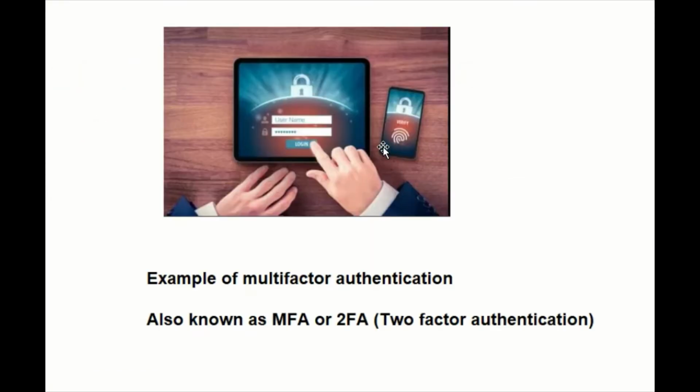So here's an example of multi-factor authentication where you have someone trying to enter their username and their password, and then they also have a phone, a mobile device, where they verify their fingerprint, and that will enable them access the system. Multi-factor authentication is also known as MFA, multi-factor authentication, or two-factor authentication, also known as 2FA.